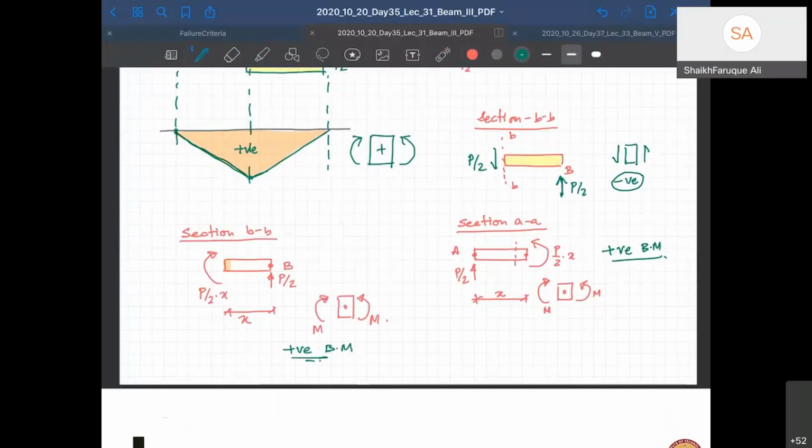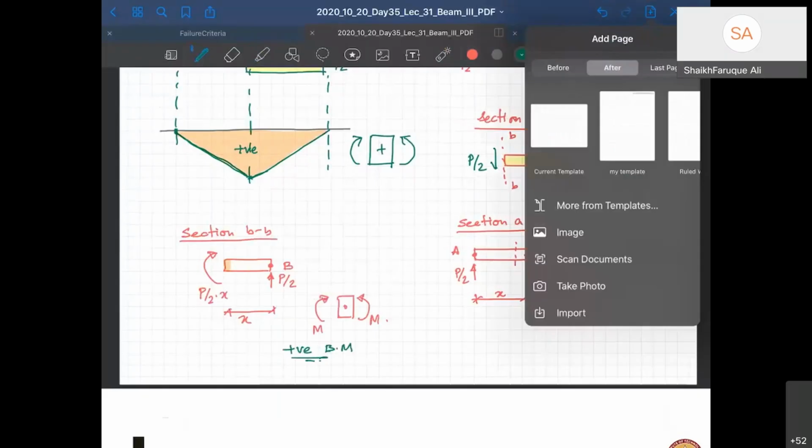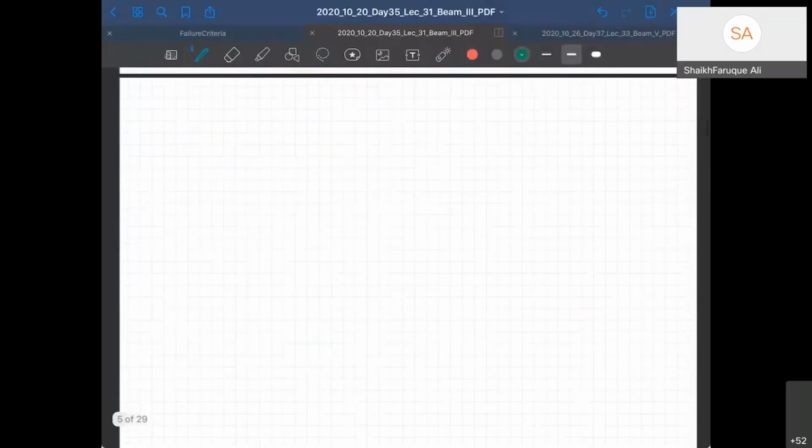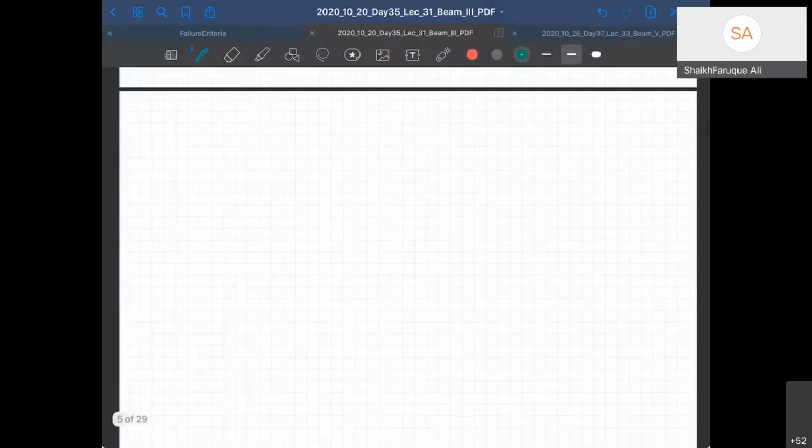Okay, let's take another example here. This is a very important example. I have another beam here, A and B, and I have the same simple supports, okay, right?